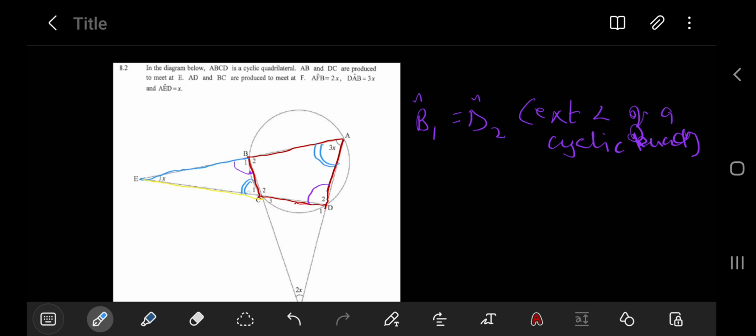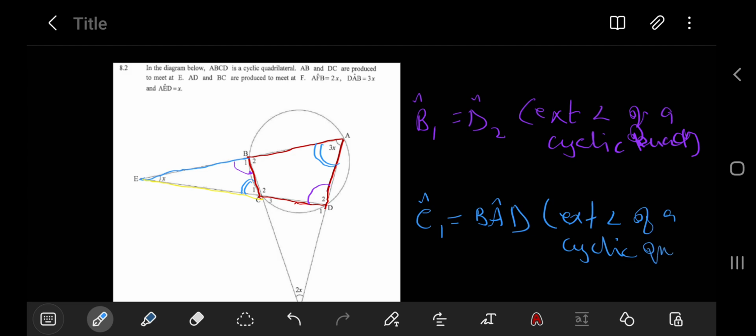So this angle C1 is equal to angle A up there. Okay, and angle A can also be written as BAD, that angle in between there. Reason being, exterior angle of a cyclic quad. Right? So we have identified now the exterior angle from the two lines which are produced to meet at E.